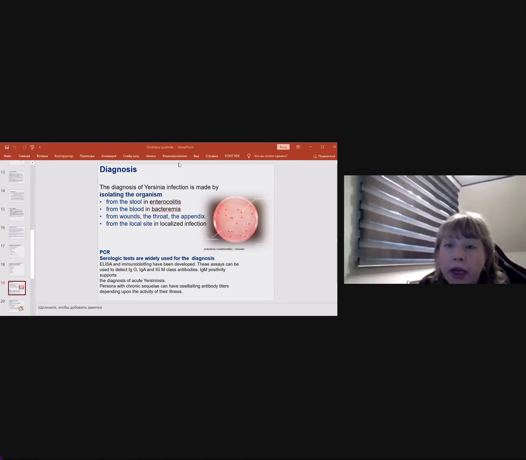And after 10 days or 2 weeks, you can observe diagnostic titers of antibodies. But if the patient has a fourfold increase of antibody titers, you can also confirm the diagnosis.